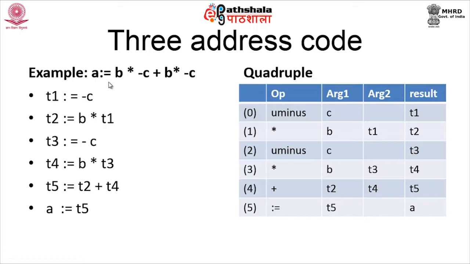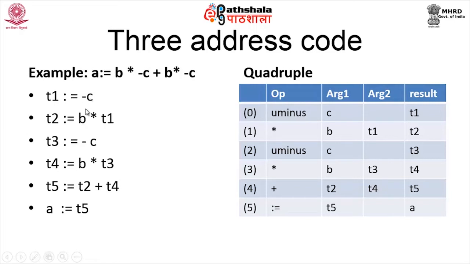Now I will traverse the syntax tree, and I will know that every interior node is labeled with a temporary variable T1, T2, T3, T4, T5, etc., and it is operated upon by the operator assigned in that particular interior node based on its children's values. So here T1 equal to minus C basically says that the interior node is labeled T1, whose operator is a unary minus, and its only child happens to be C. So this falls under the two address code category.